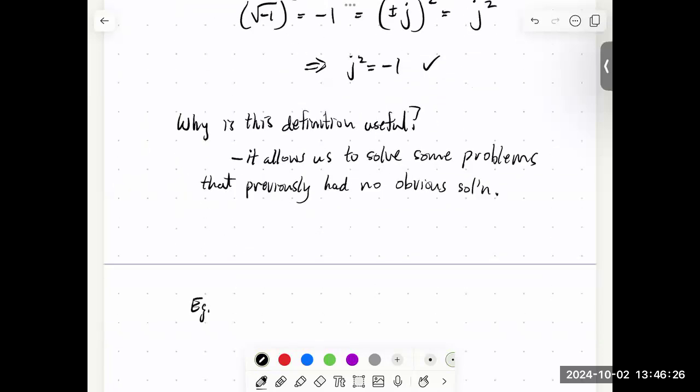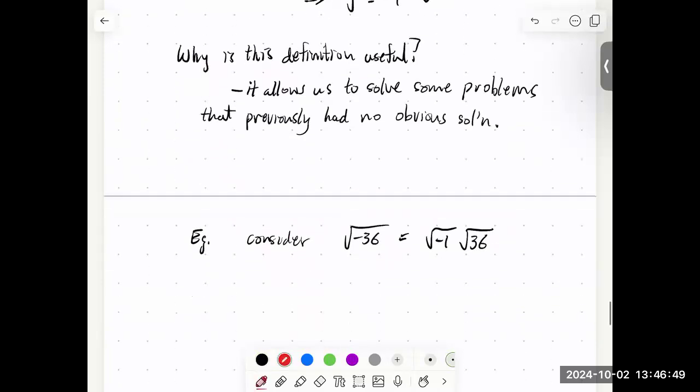There are some easy examples. Let's consider, what if we ran into a problem where we needed to evaluate the square root of -36? Well, what I can do is write the square root of -36 as the square root of -1 times the square root of 36. And now we can say, well, this I'm going to call j, and this I'm going to call 6.